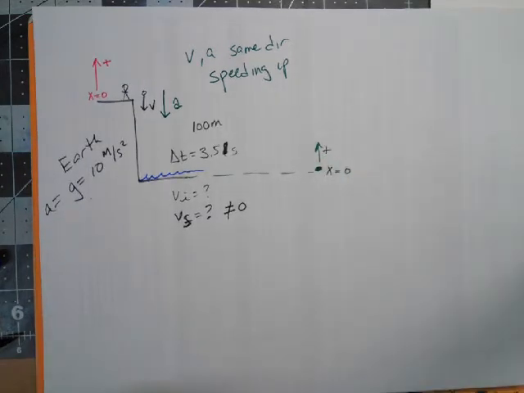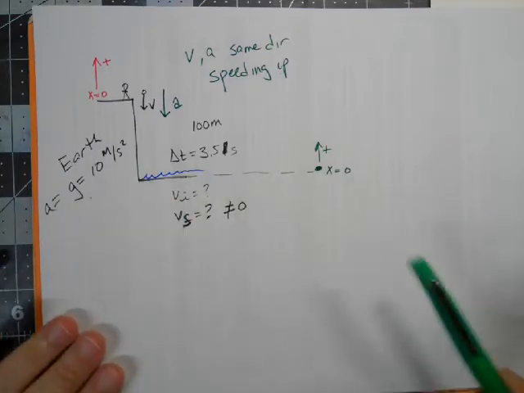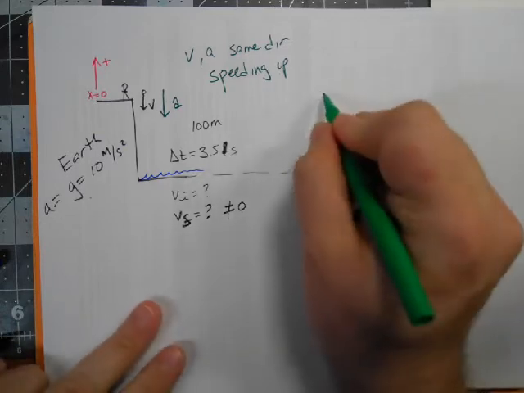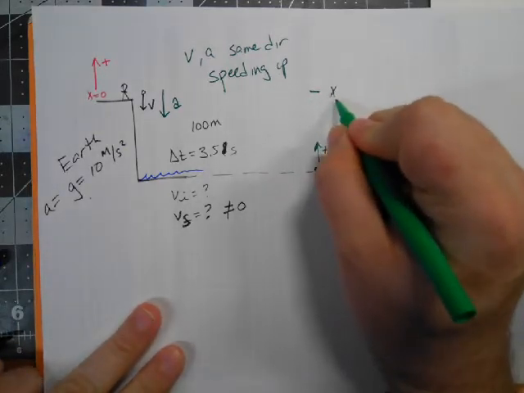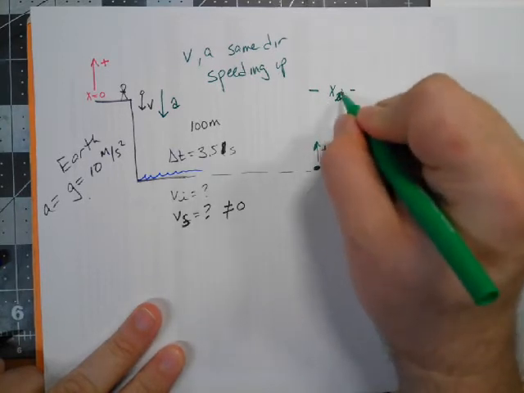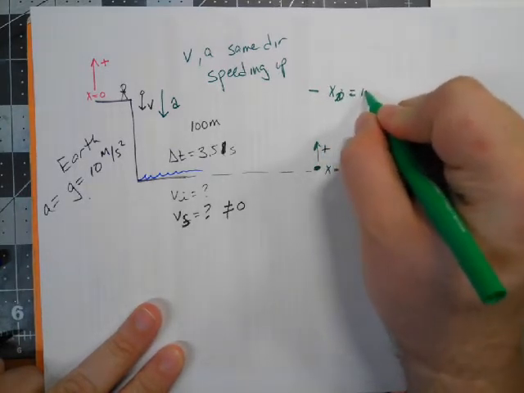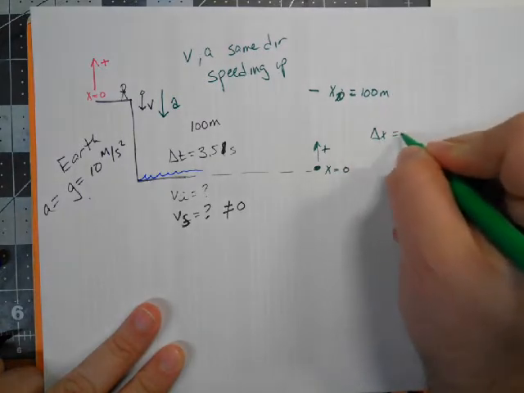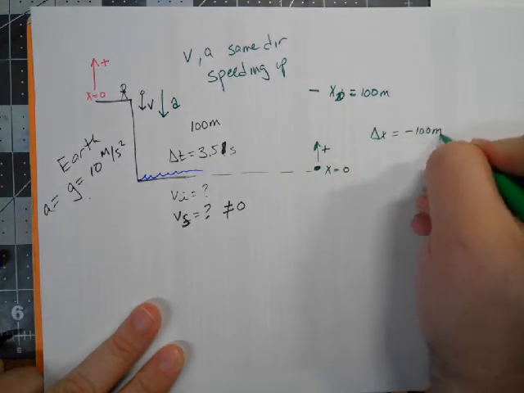Right? So if we do that, x initial, or x0, or xi, is going to be 100 meters up. And so delta x is minus 100 meters. Right?